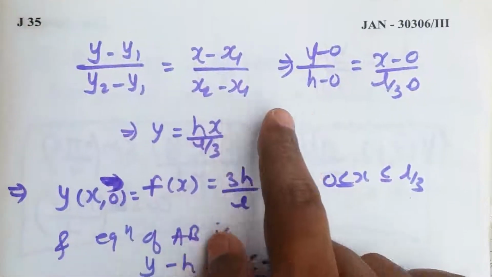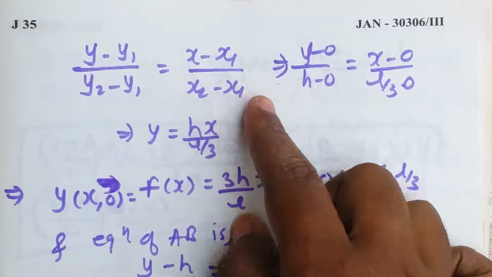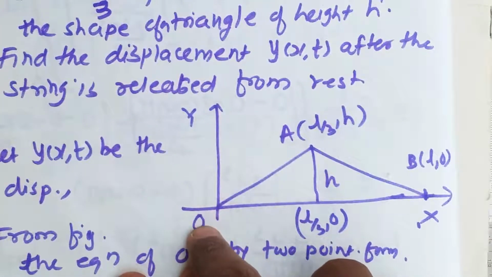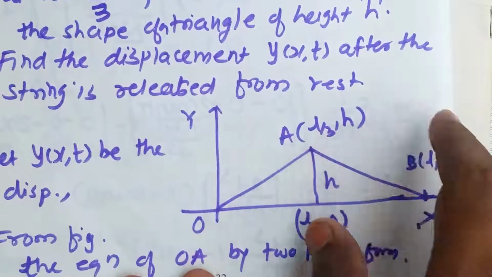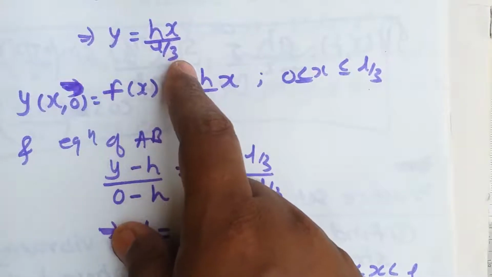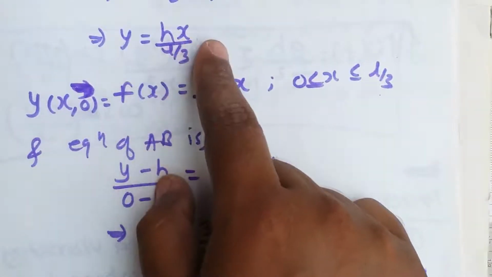So we'll get the equation of the line from this. Now for x1, y1, one point of this line, I have taken the origin 0, 0, and this is x2, y2. By using that we'll get y as 3hx by L. That is the equation of that line, it is a function of x.